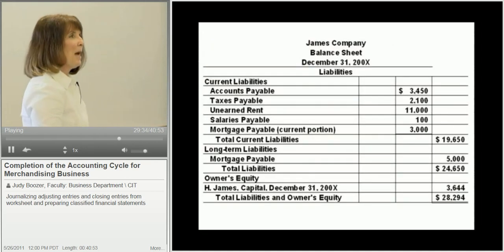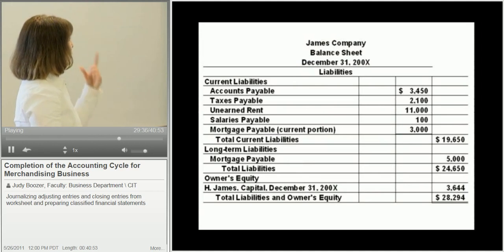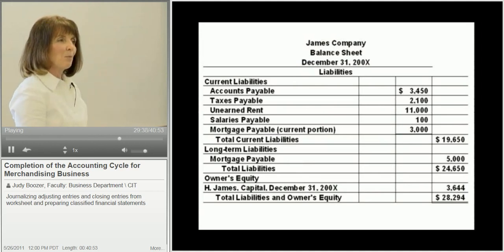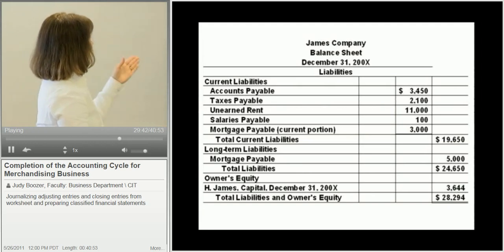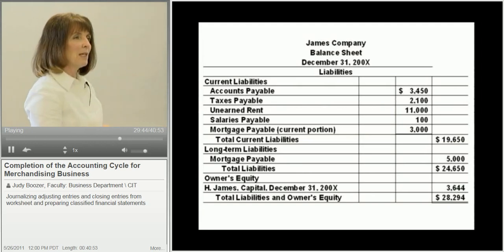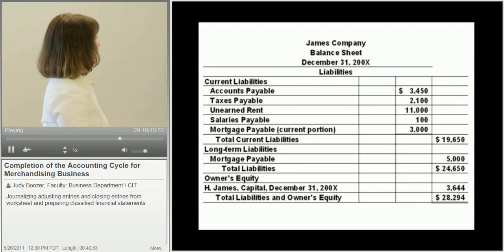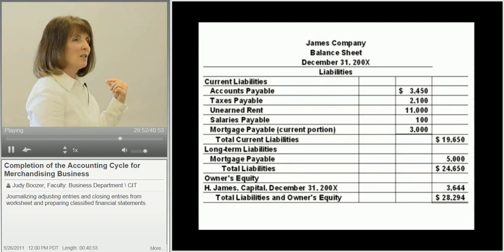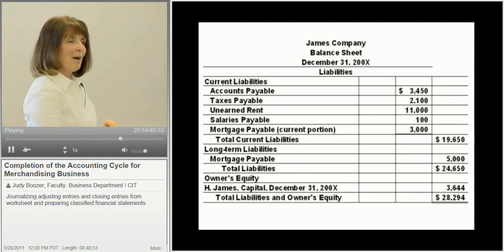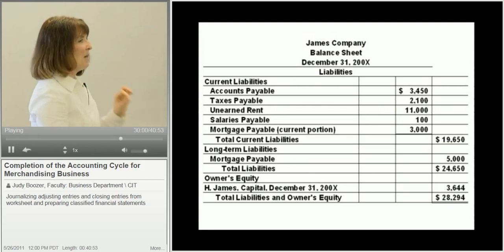Now, let's look at the remainder of the balance sheet. Current liabilities separate from long-term liabilities. And again, we're going to add them up separately and then add them together. But in addition to that, we have to plug in the capital amount. And where do we get that capital amount? Statement of owner's equity.